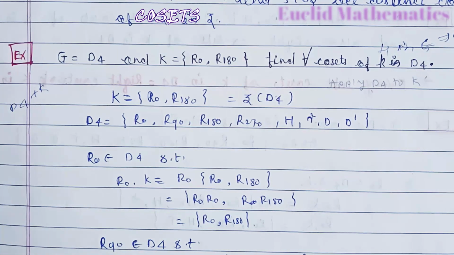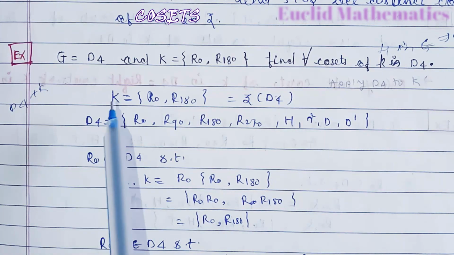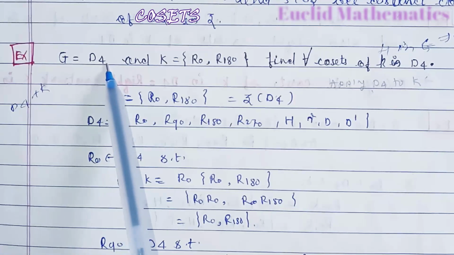These are R0, R90, R180, R270, and R360, which equals R0. And it has the reflections H, V, D, D dash: horizontal, vertical, diagonal, anti-diagonal. That means the reflections and rotations are equal in number. So these are the total 8 elements of our dihedral group of order 4.